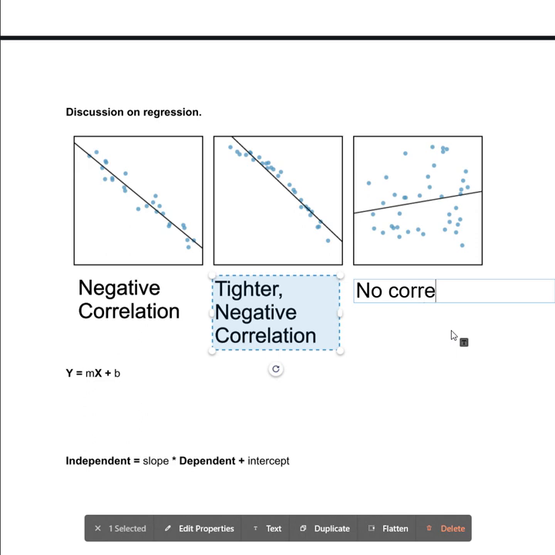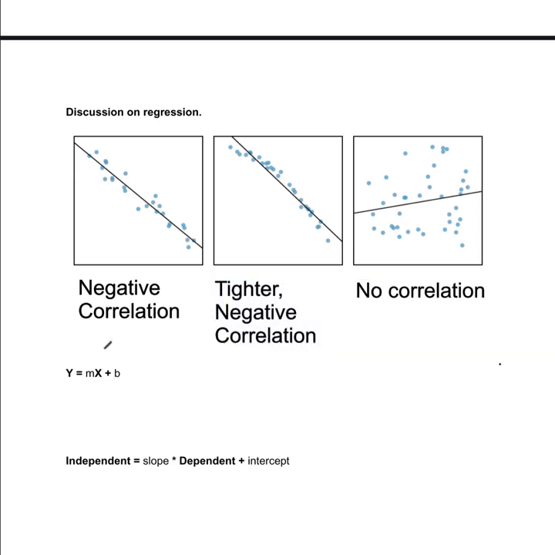So if we have a correlation, whether it's positive or negative, we can find an equation of that line, and that takes the form y equals mx plus b. B is the initial amount, or the y-intercept, and m is the slope, or the rate. X we've already defined as the independent variable, y is the dependent variable.